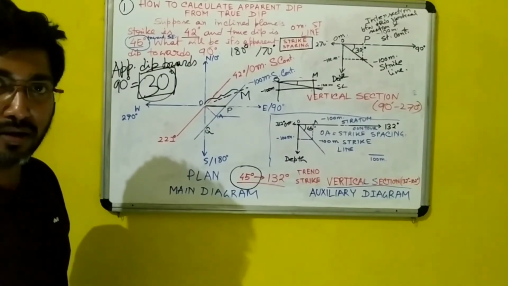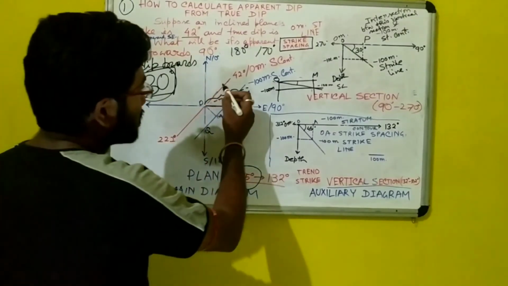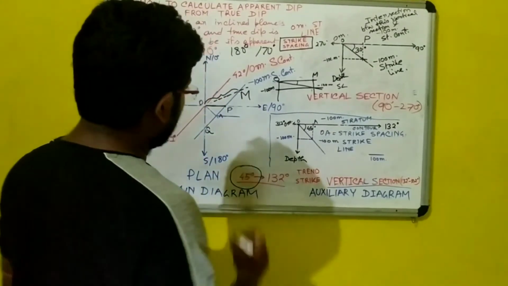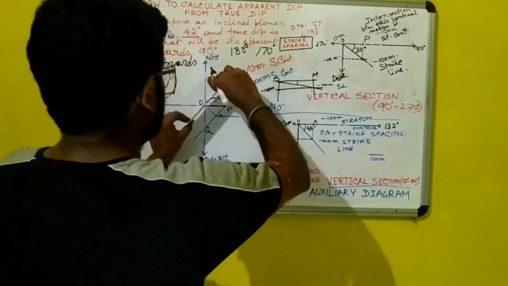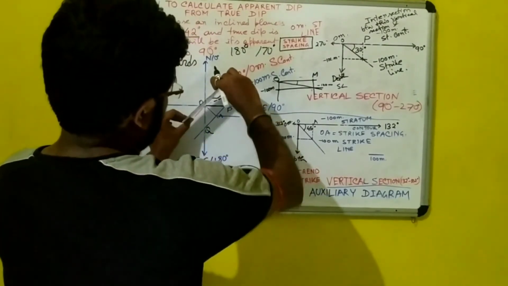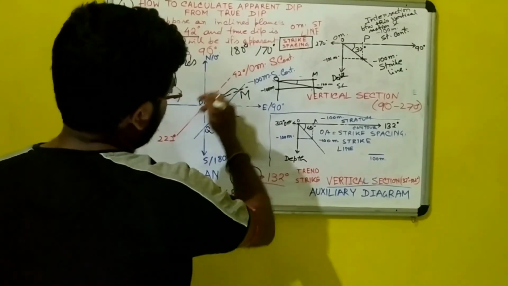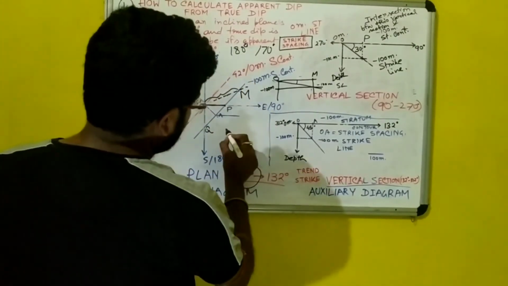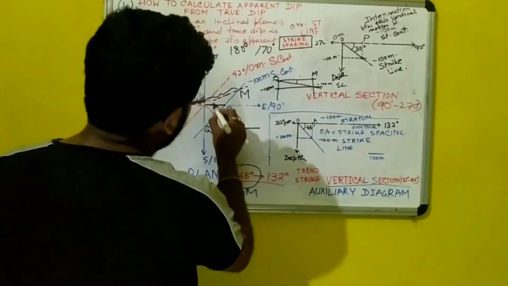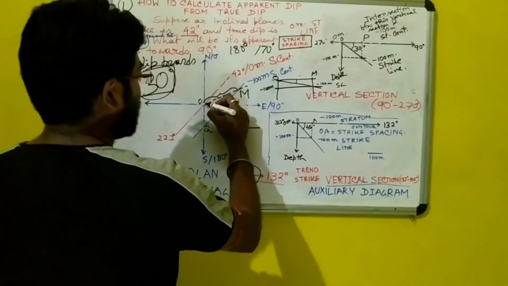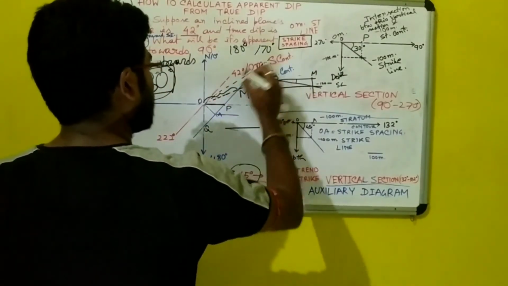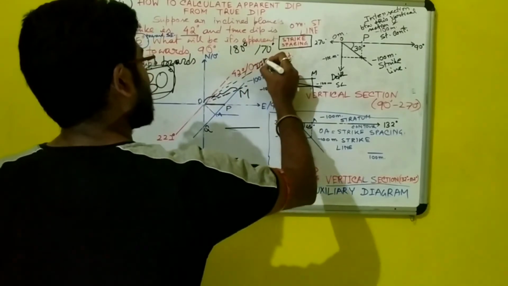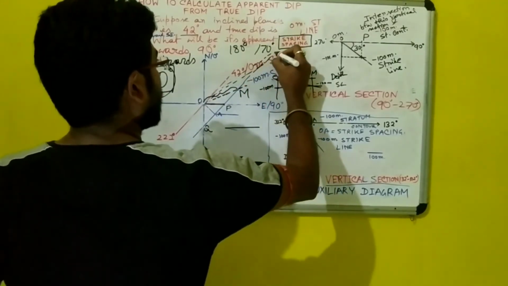This is simple. And that is why along the strike the apparent dip is 0. If I consider this plane, this is just one horizontal line. Here you won't get any spacing, it is infinite. Suppose you are considering along this direction, see the strike spacing will be increasing.